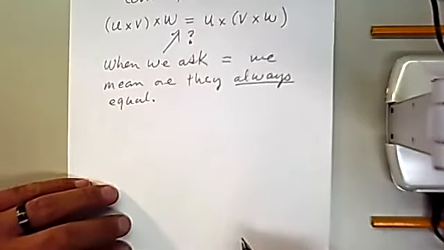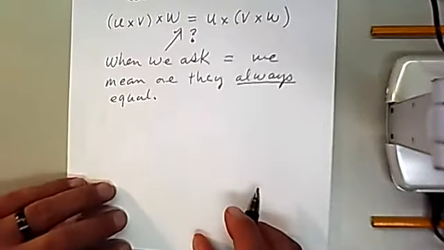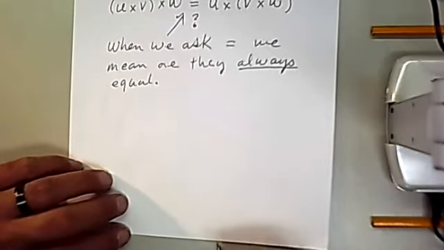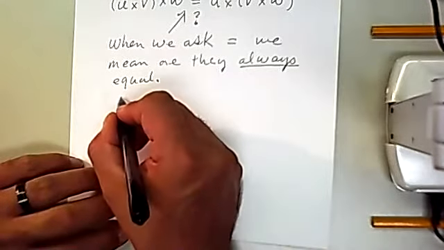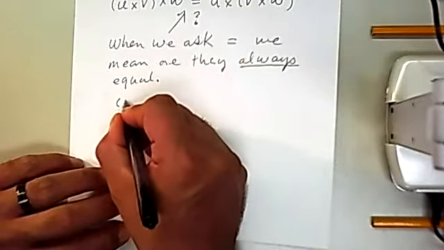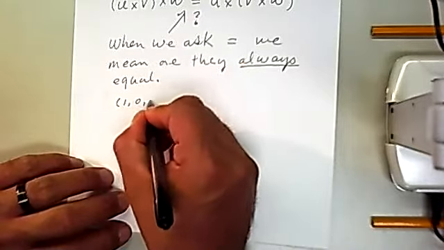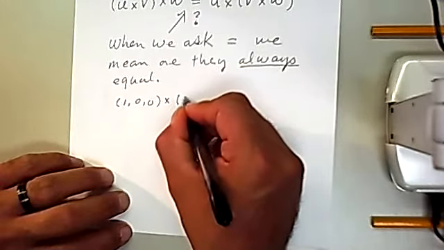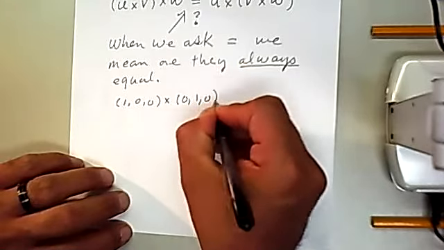I'm not going to perform the computations because I think it is a good idea for the viewer to practice the cross product. Try multiplying something easy, 1, 0, 0 by 0, 1, 0.